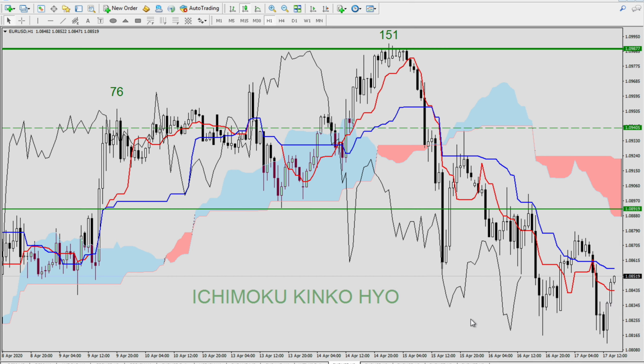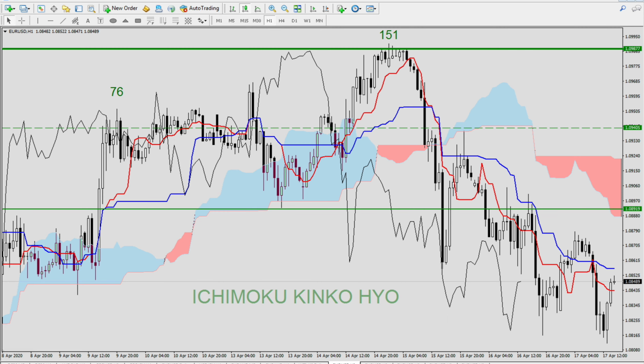And as you can see, the price is respecting our strategy very nicely. So this is Ichimoku Kinko Hyo and how you can trade using Ichimoku and how you can make money whether you are trading up or waiting to go short.